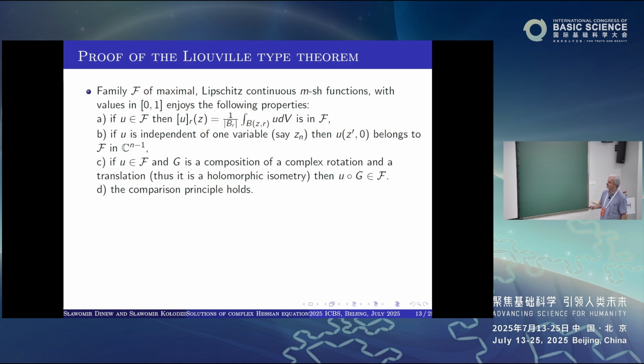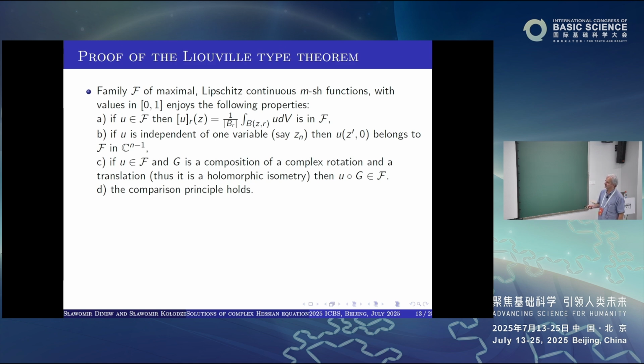I'm cheating a bit here, so I will explain more. So by F, we denote the space of M subharmonic functions, which are Lipschitz continuous, which are maximal, which have values between 0 and 1. Of course, these values 0 and 1 are not important. You need to have lower and upper bounds. That's it.